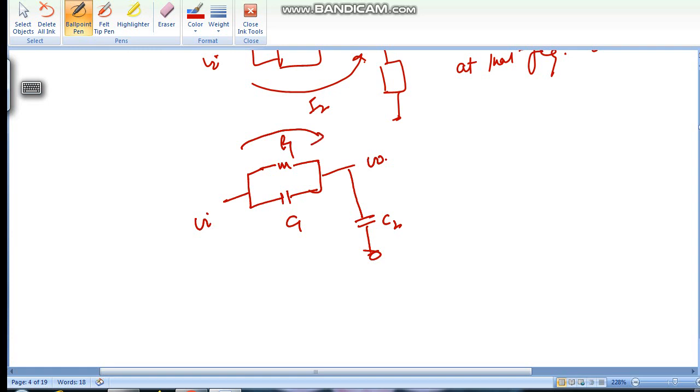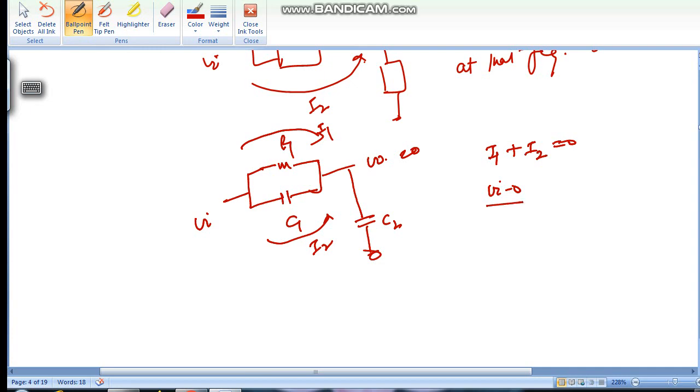So this is say I1, this is say I2. So I1 plus I2 equals 0, and VO is 0 because we are saying the output should go to 0.